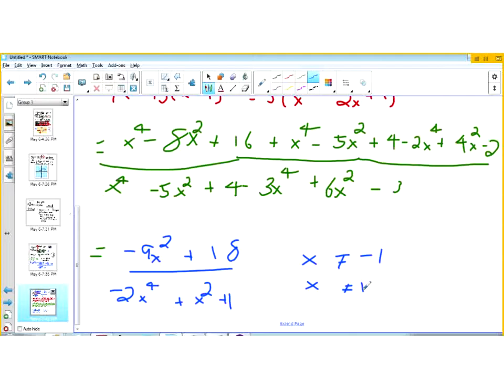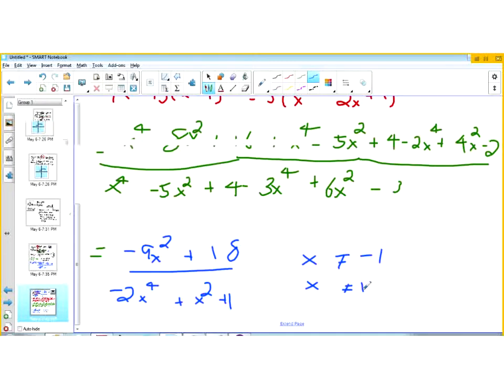Okay, so there's your composition. And of course, g of x cannot equal 3. All right, so a quick whirlwind tour of composition of functions.